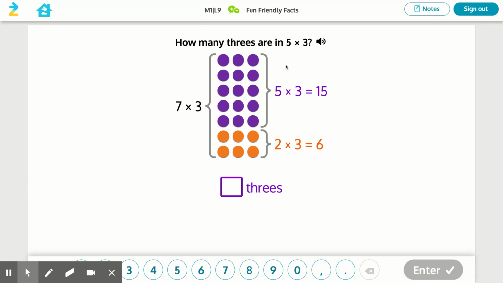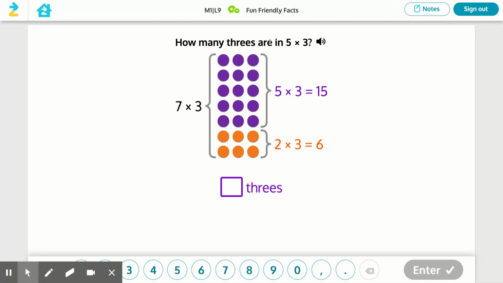All right. How many threes are in 5 times 3? Please answer in the Nearpod now.